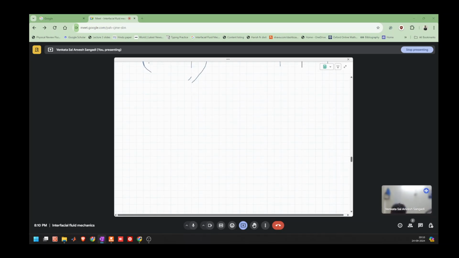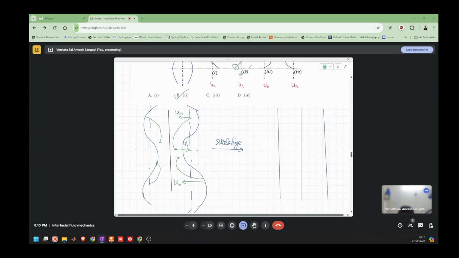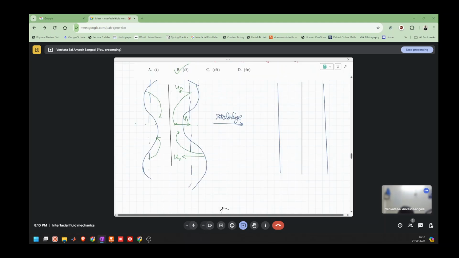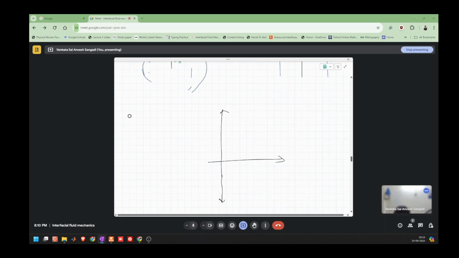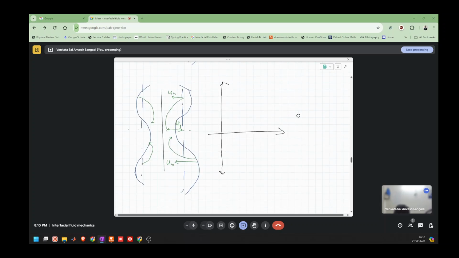And just for clarity, I'll redraw this. So this is the position Z, and this is the magnitude UR.